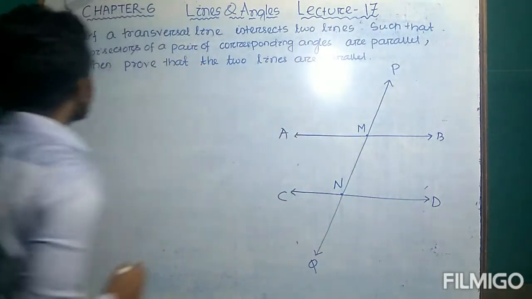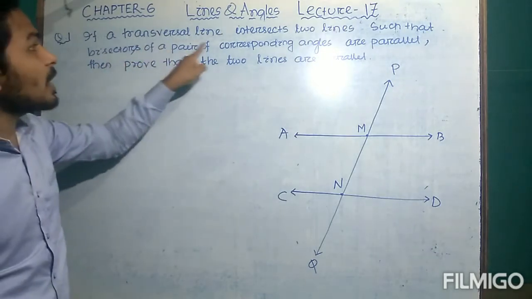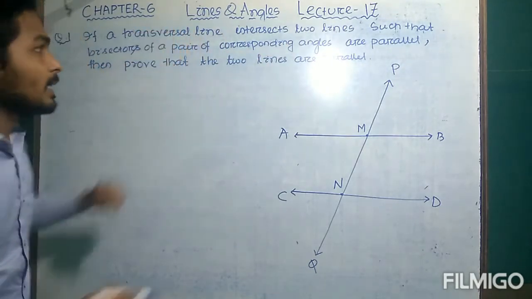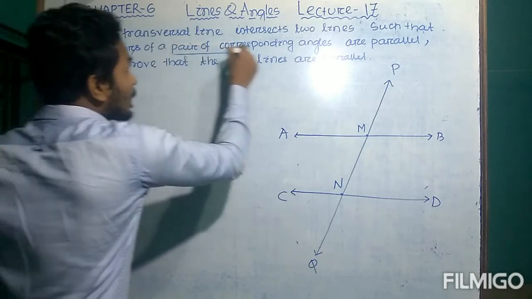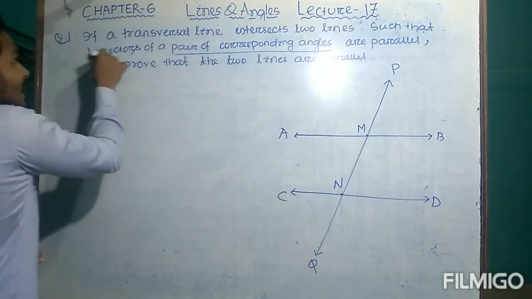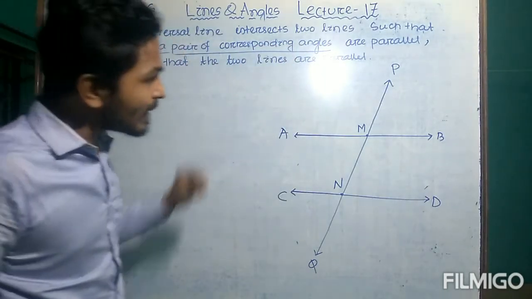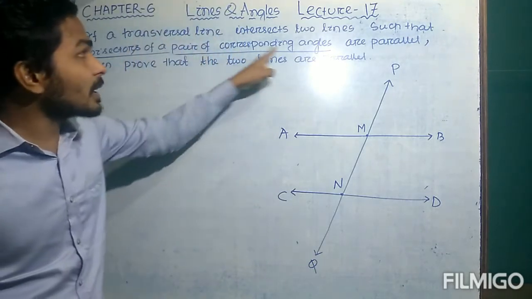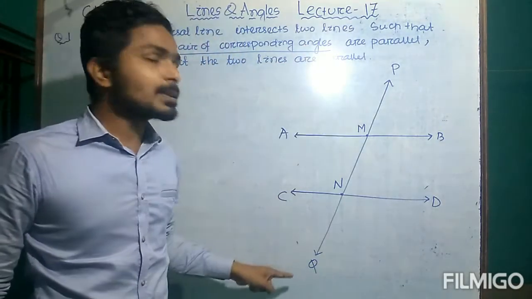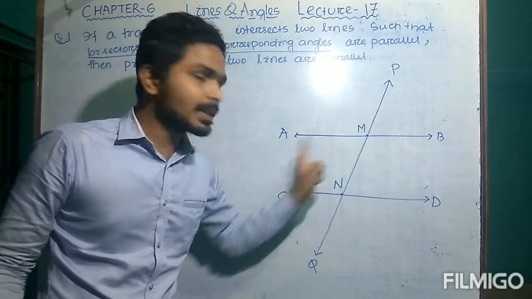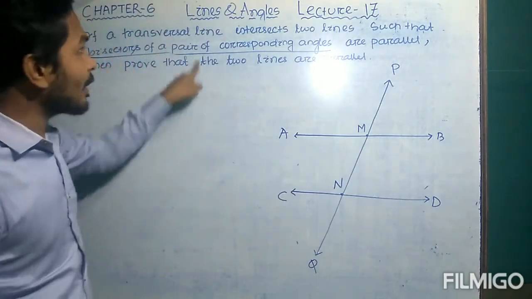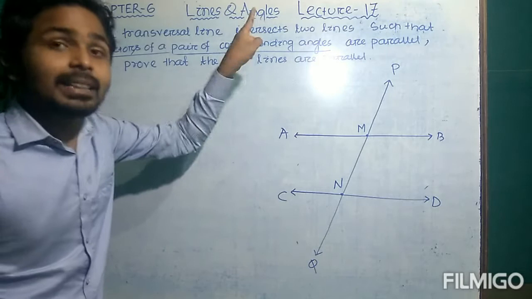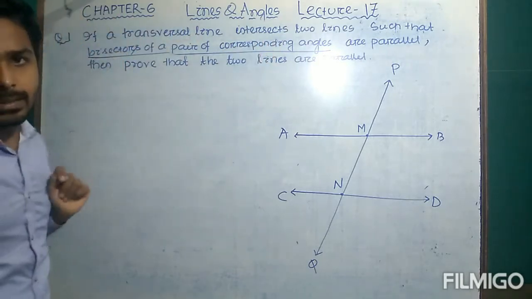Now, such that the bisector of a pair of corresponding angles. Understand it? Pair of corresponding angles and its bisector. So first you have to find the pair of corresponding angles whenever a transversal line intersects any two lines at two distinct points, and then you have to find its bisector.